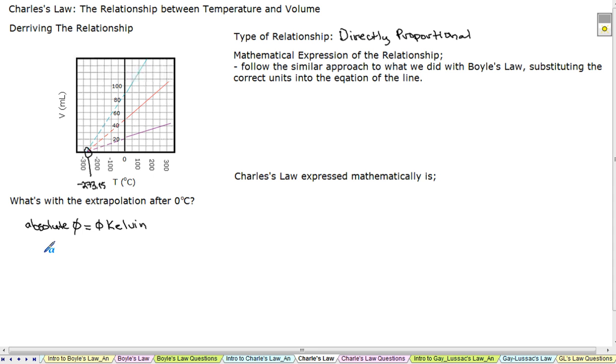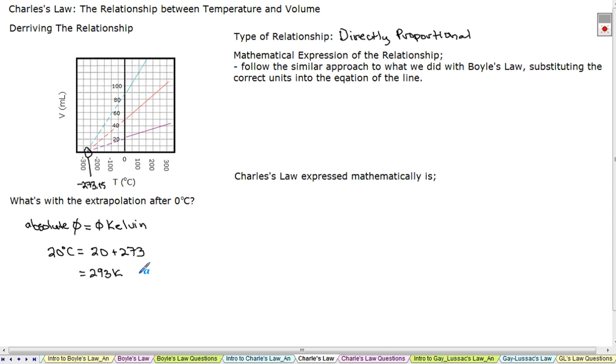To determine a temperature in Kelvin, say we had 20 degrees Celsius and we wanted to find out what that was in Kelvin, we would take our 20 and add 273 to it. We won't worry about the 0.15. And we get 293 Kelvin.